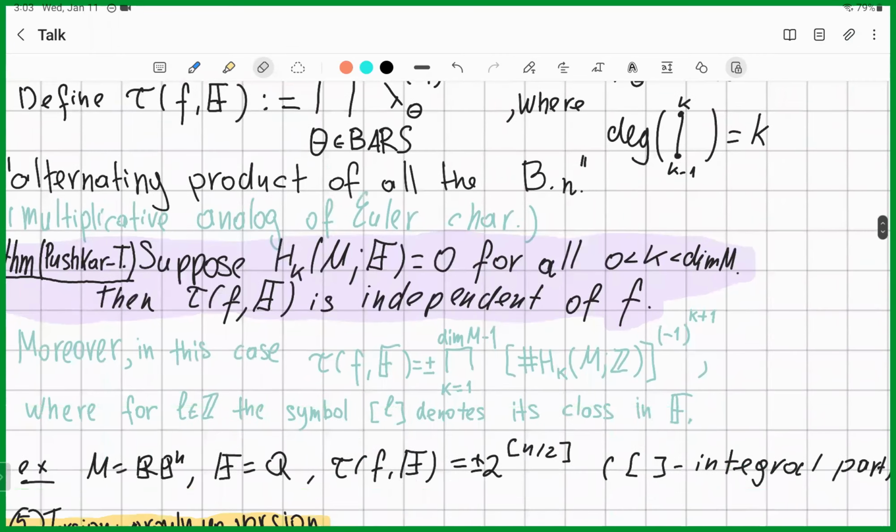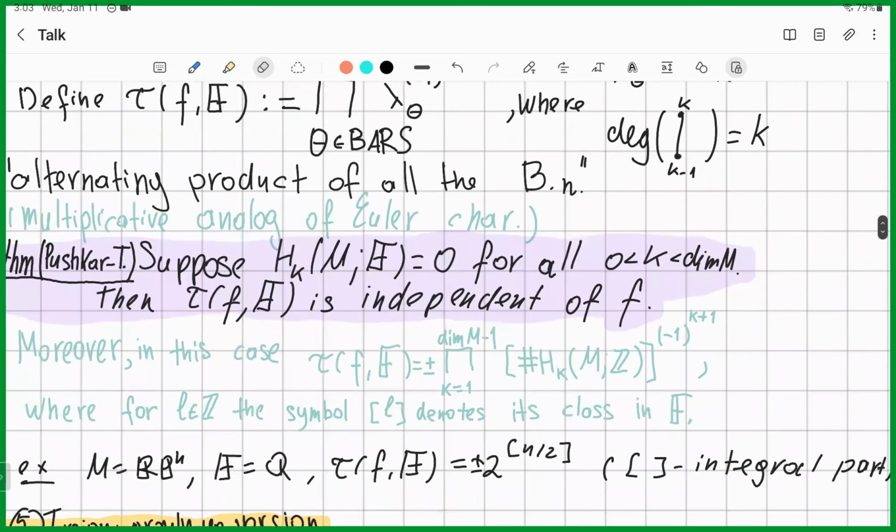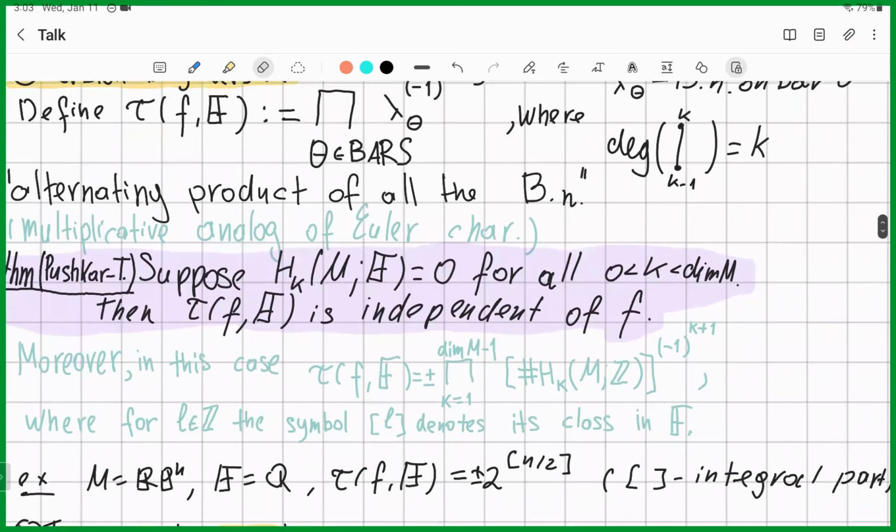Basically, if you have some manifold and you do a single cell attachment, you can write down the relation between the taus before and after the attachment. I'm just talking about some basic surgeries that you can perform.